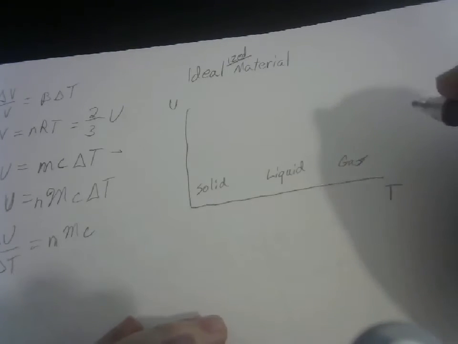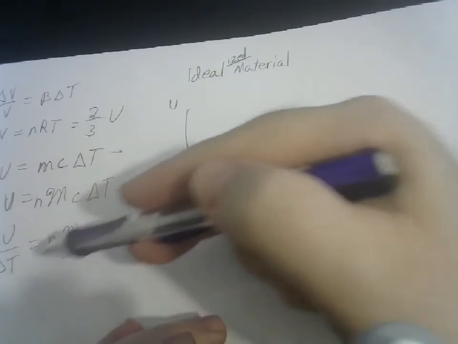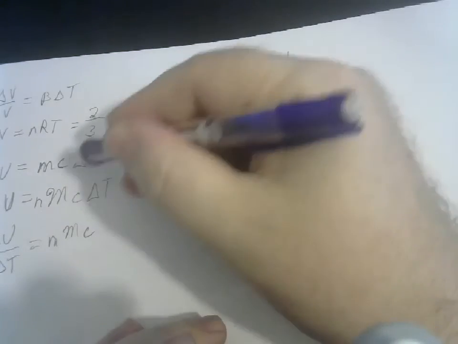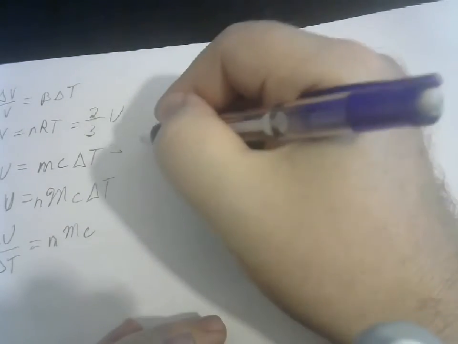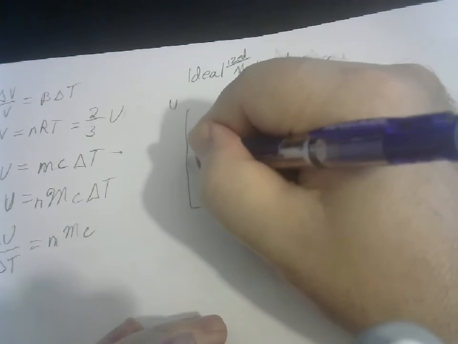In the solid phase, the slope of the delta U delta T graph would be MC solid.